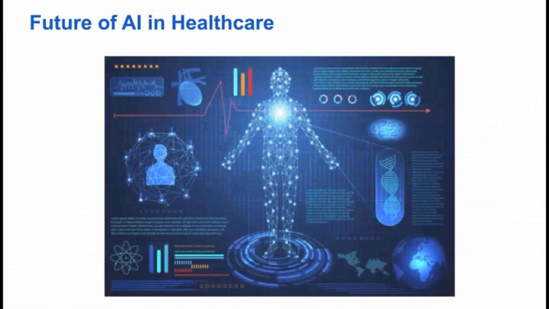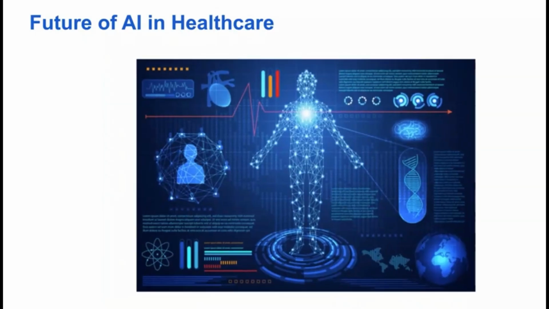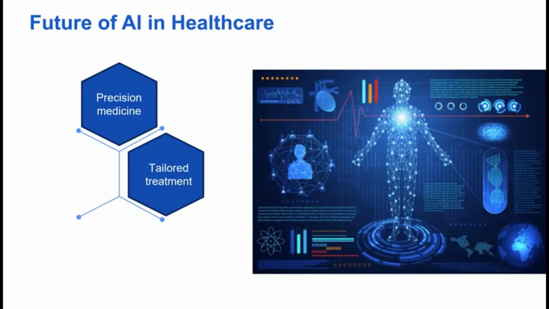Looking ahead, AI's potential in healthcare is vast, but it must be implemented thoughtfully. In the future, AI will likely be integrated into precision medicine, tailoring treatments not only to patients' genetic makeup, but also to real-time health data, lifestyle choices, and environmental factors.